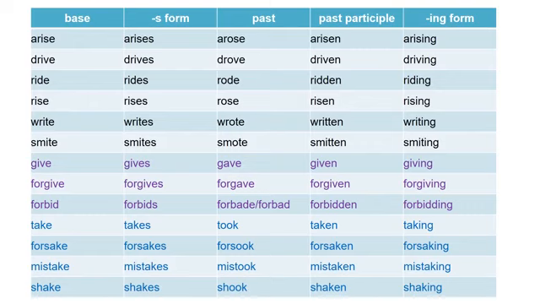Forsake, forsook, forsaken. Mistake, mistook, mistaken. Shake, shook, shaken. With the purple ones, it follows the same pattern in that it returns to the original base form when pronounced in the past participle. Give, gave, given.